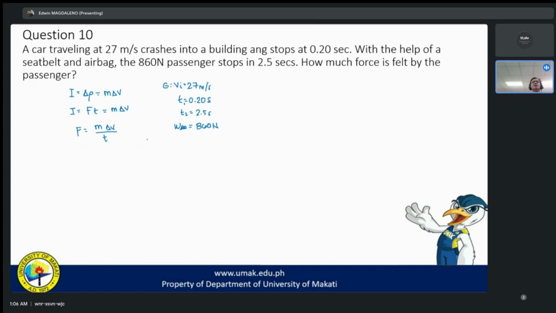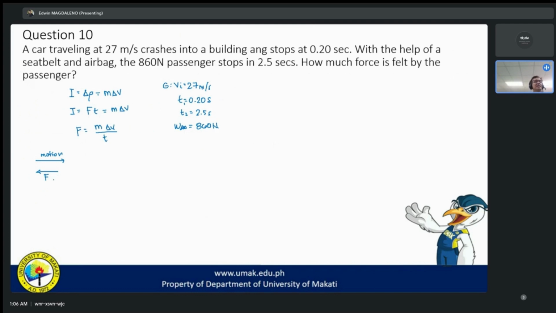Ang hinahanap natin is the force being felt. Ang kaibahan dito is that the force being felt is against motion. Kasi pagka sa airbag saka seatbelt, ang motion ng body, ito yung motion. Siyempre, ang airbag saka yung seatbelt, it is restricting us from moving.